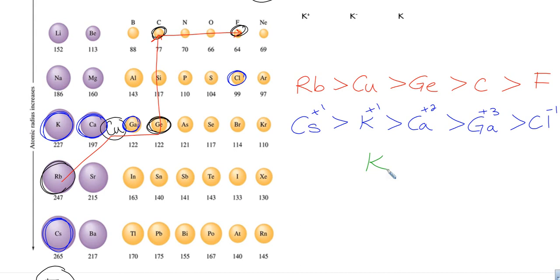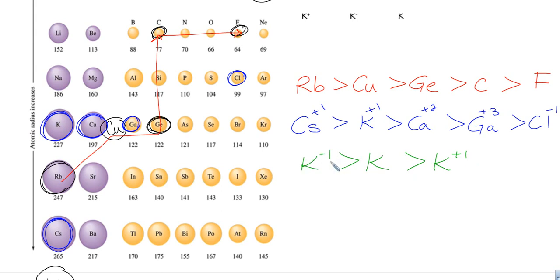Potassium +1 means that we're going to lose one electron. If we lose an electron, that +1 ion becomes smaller. Potassium -1 would mean that I gained an electron.